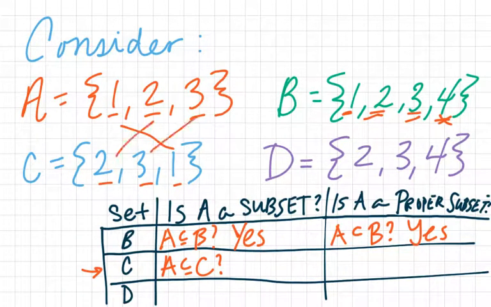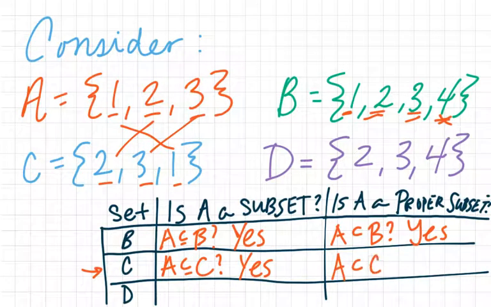So yes, C contains all the same elements as A. So all the elements of A are contained in C. So yes, A is a subset of C. Now when we ask the question, is A a proper subset of C? That means that all the elements of A are in C without the two sets being equal. Because they both contain the exact same elements, the set A is not a proper subset of C.